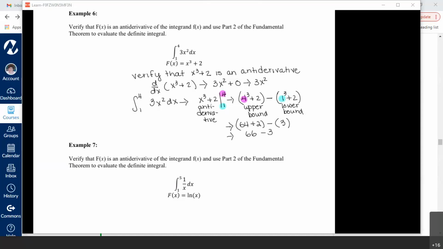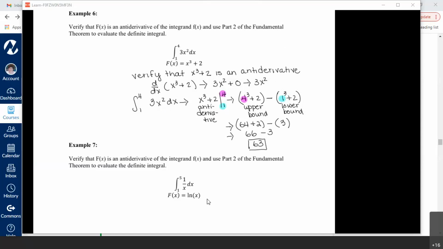So the total value of the integral is 63. And what is that? That's actually the area under the rate curve from 1 to 4. This is a stretched parabola, so the area under it will really take off.